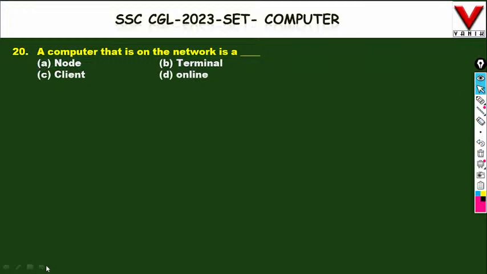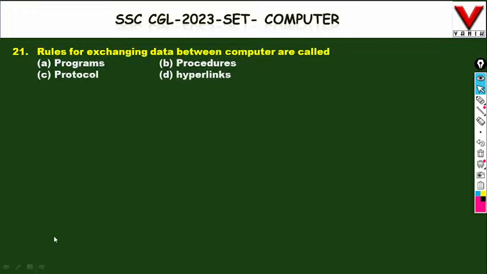Next, rules for accessing data between the computers are called rules for exchanging data.